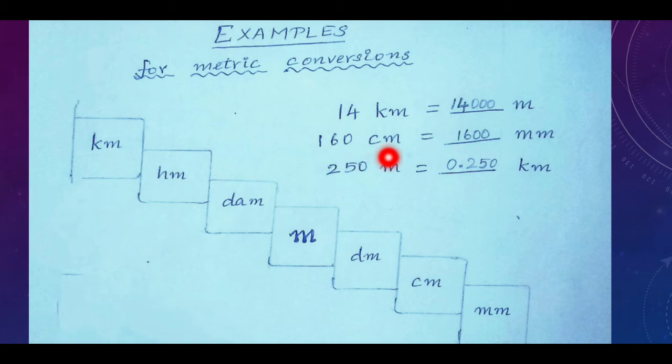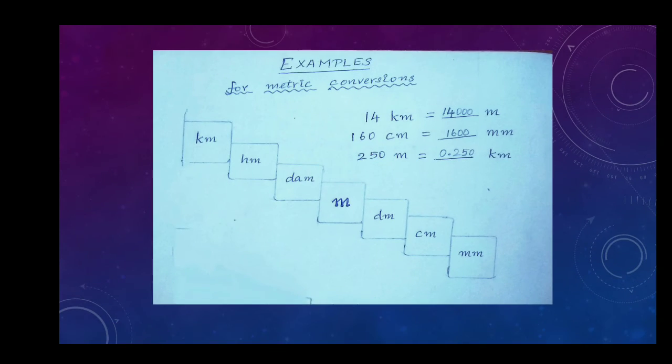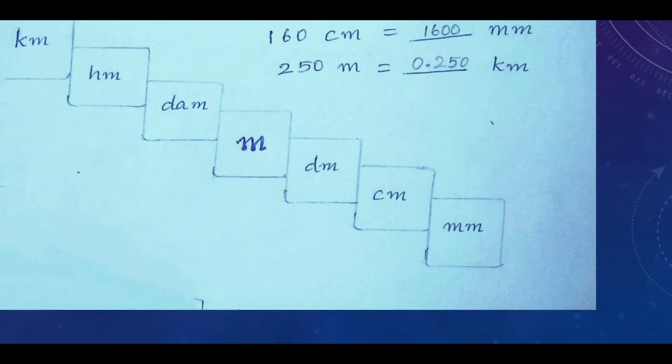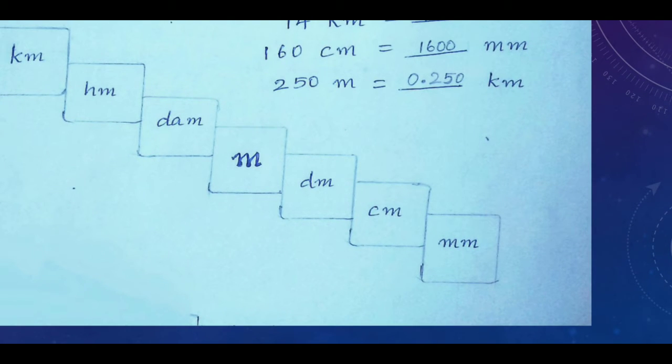160 centimeter. So, under millimeter. Centimeter and millimeter. Only these two should be chosen. So 160 centimeter. Write 160 centimeter in cm box. Okay, or else last digit 0 here, 6 here, 1 here.